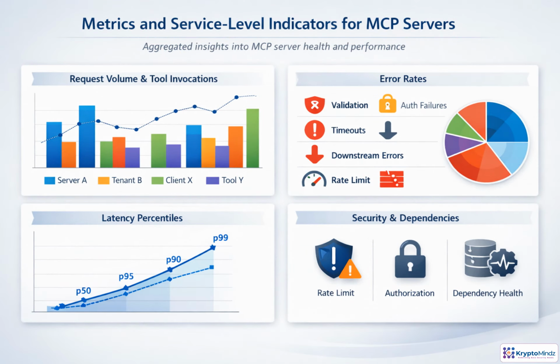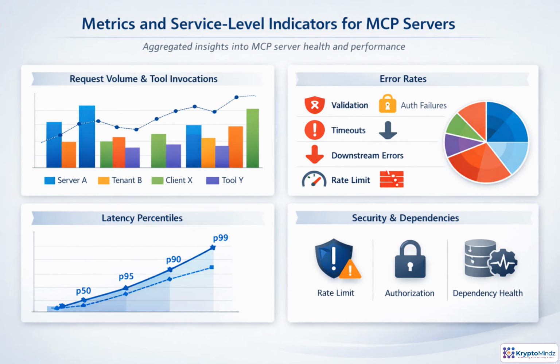Metrics turn individual MCP server events into operational signals. Start with demand: how many requests arrive, which tools are invoked, and which tenants or clients drive usage. Then separate failures by cause, because validation errors, authorization denials, downstream failures, timeouts, rate limits, and internal errors require different responses.